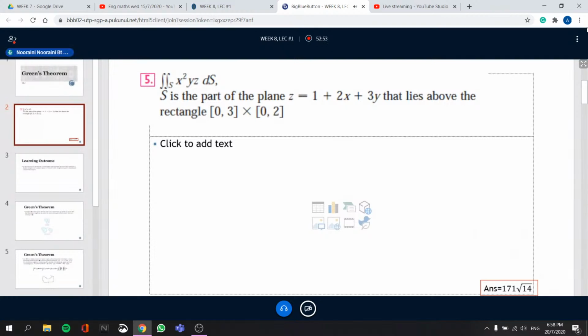Amara, this is the question that you asked: x squared y z, the previous one, the line integral. Oh yes, madam. How are we going to determine x and y? Because we follow the sequence x, y, z. So the first integral should represent x, the second integral should represent y. So it cannot be opposite?